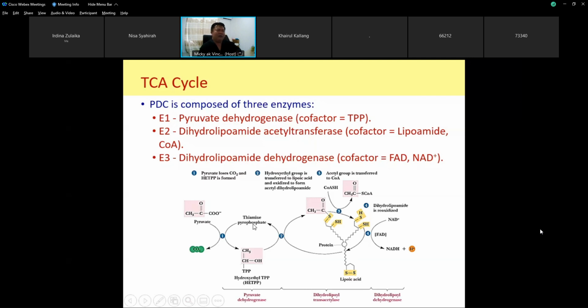Now again, if you ask me, doktor, apakah itu TPP? Very easy. Thiamine ni apa? Thiamine is vitamin B1. If you don't have enough vitamin B1, you will not be able to effectively use pyruvate ataupun convert pyruvate. Now what does it mean by pyrophosphate? Pyrophosphate maksudnya 2. So you have vitamin B1 tambah dengan 2 fosfat.